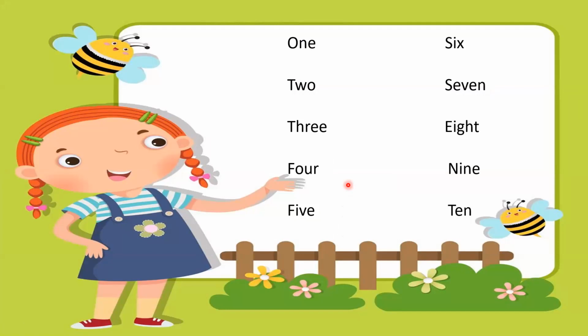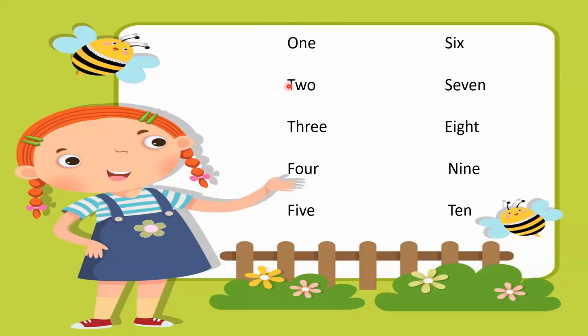Okay. So you will read the numbers with me as well as write the numbers in your notebook one time. With me only you have to say and you have to write also. The first number, what is the first number over here? 1.